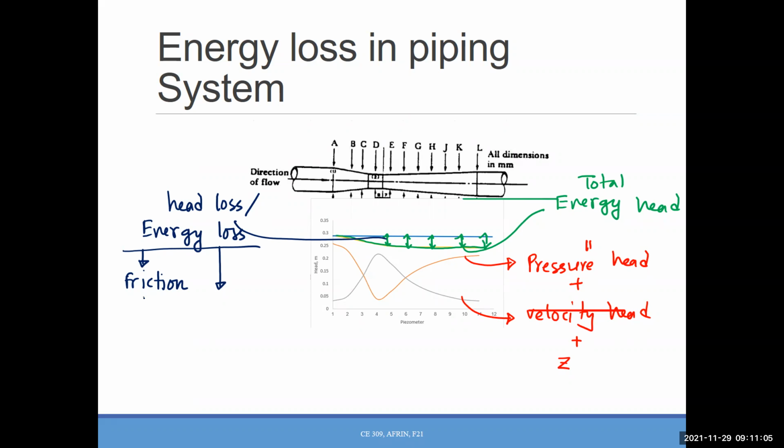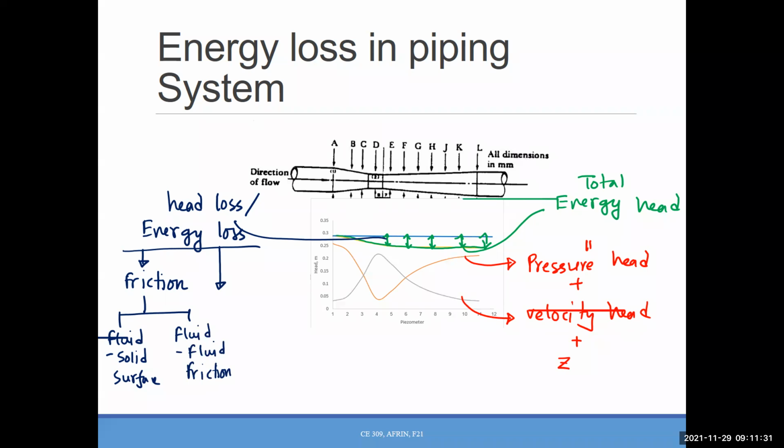So I will just write it down in two ways here. One is fluid and solid surface, and another can be fluid friction. Okay, and the viscosity can play a part in that. What are the other reasons?